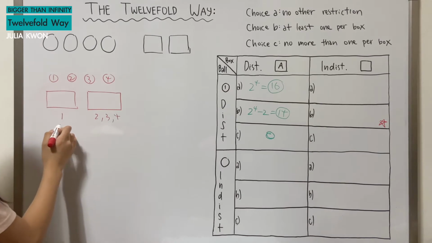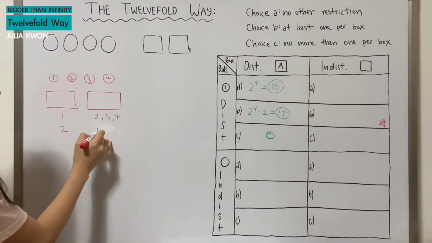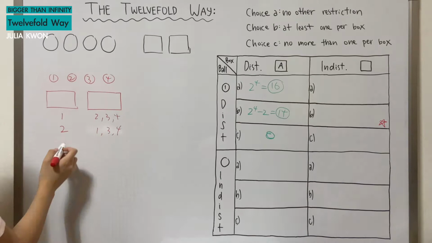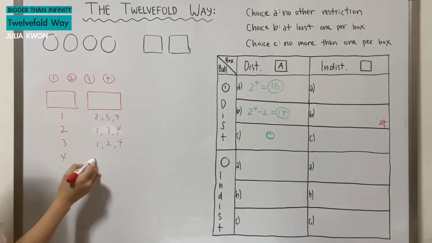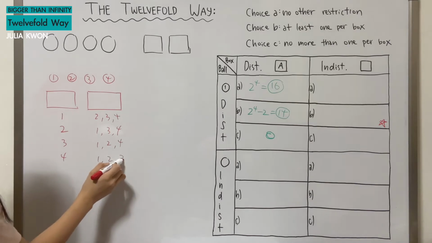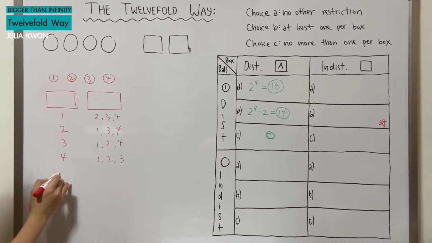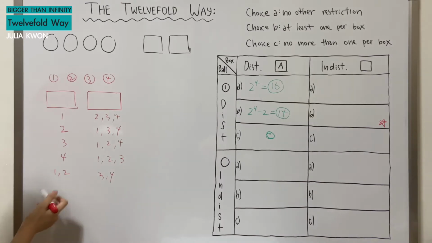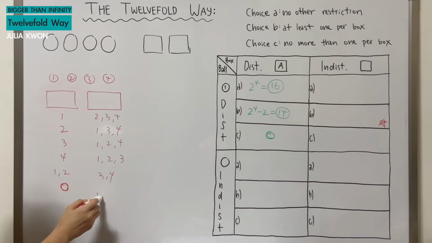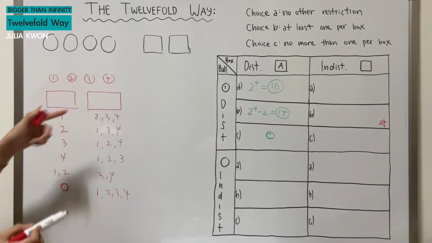And another way would be 2, 1, 3, 4. 3, 1, 2, 4, 4, 1, 2, 3. Or it could go like 1, 2, 3, 4. Or 3 can go over here, or there could be just 0 balls in this box and 1, 2, 3, 4, all of it in this box.